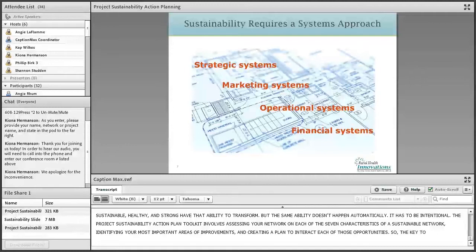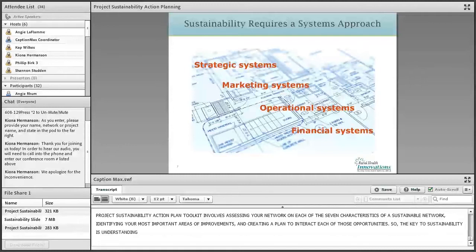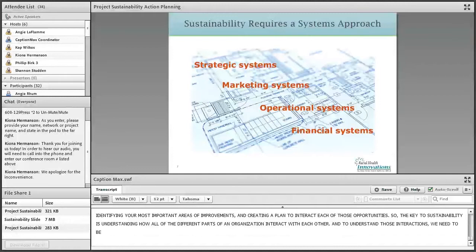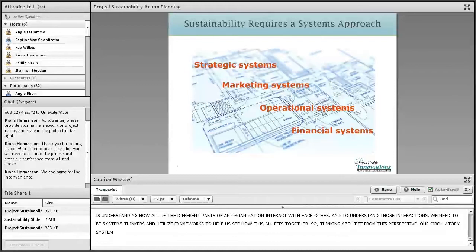So the key to sustainability is understanding how all of the different parts of an organization interact with each other. And to understand those interactions, we need to be systems thinkers and utilize frameworks to help us see how this all fits together. So thinking about it from this perspective, our circulatory system is one of our body's many systems, and I think it's a nice example of a systems framework.